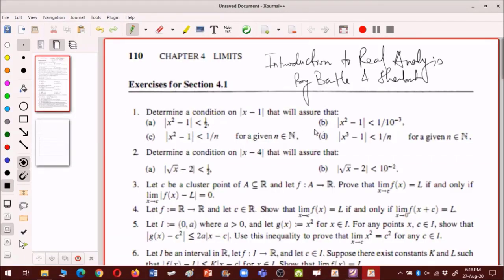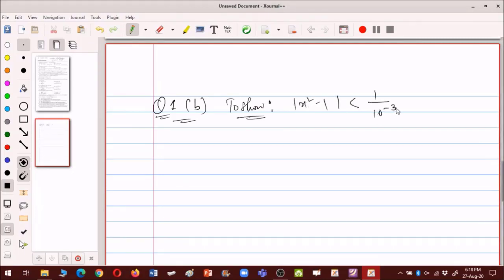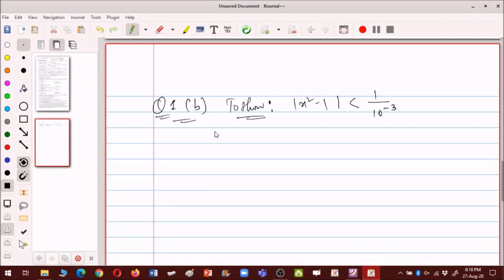So let us start with the B part of this. Question 1, B part, I will discuss. We have to show |x² - 1| is less than 10^(-3), and for that find some condition on |x - 1|.